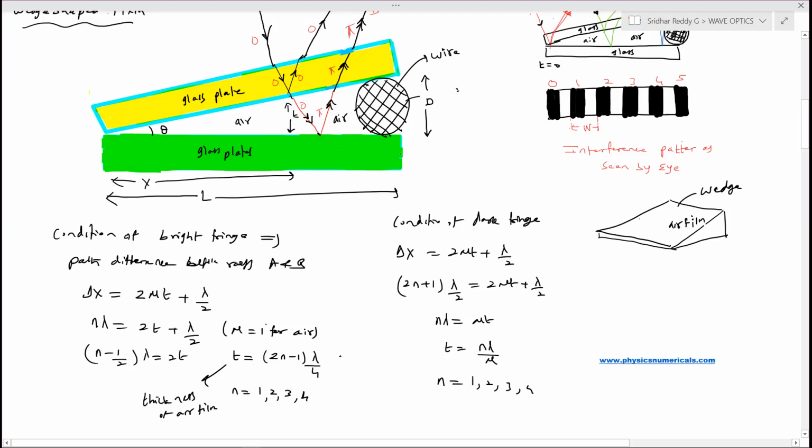Now why am I bringing this equation? What is the purpose of this? If you look at the set of equations, how do we find the diameter of the wire? This was our primary question.